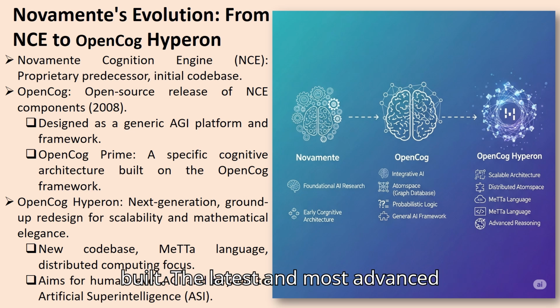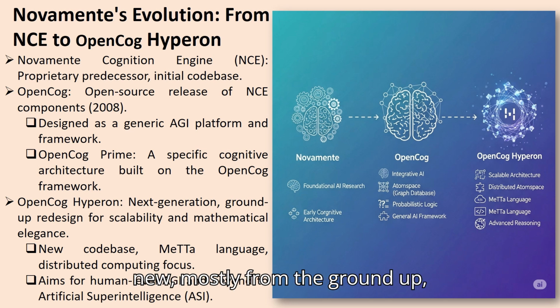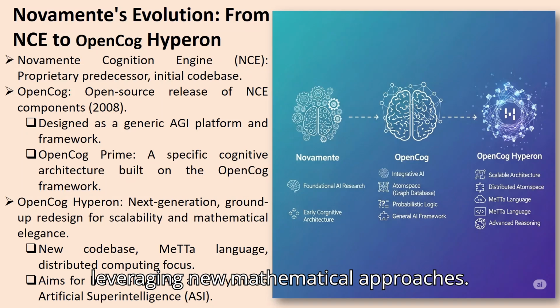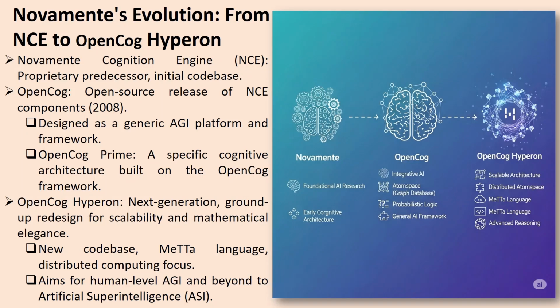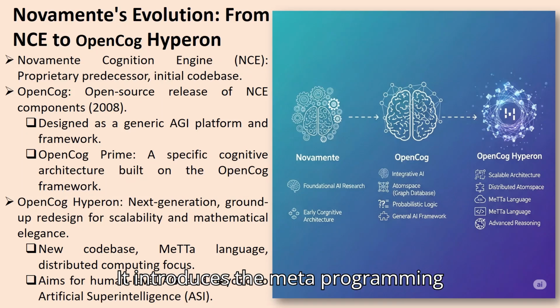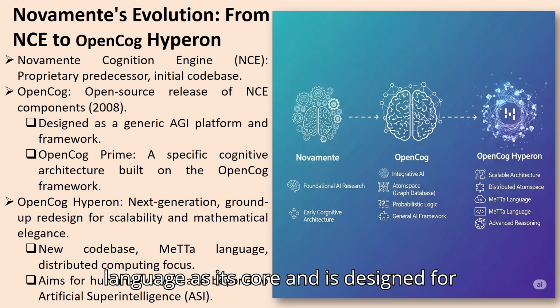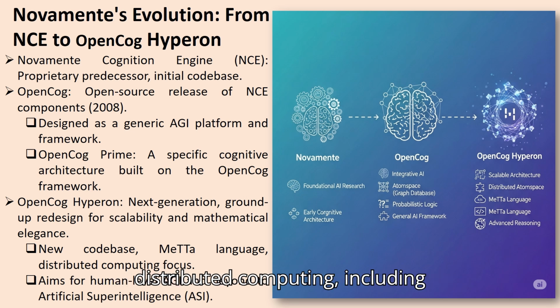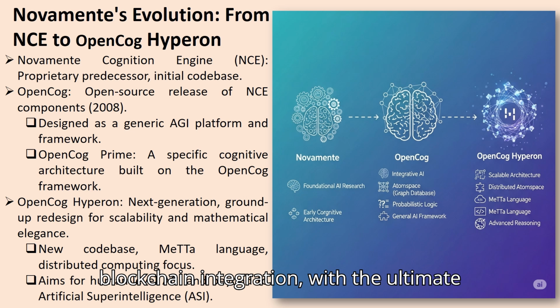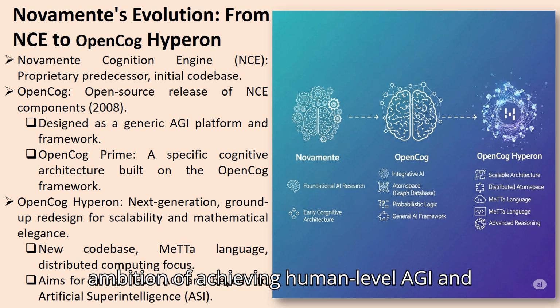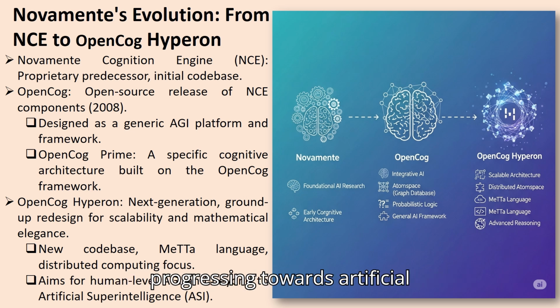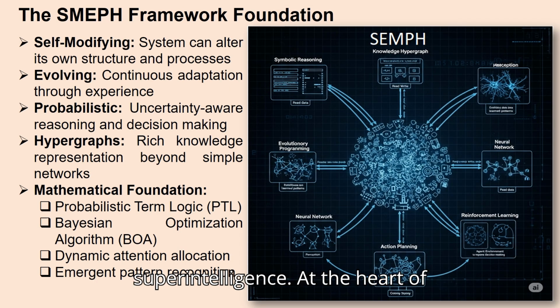The latest and most advanced iteration is OpenCog Hyperon, a new, mostly from-the-ground-up redesign. Hyperon boasts an almost entirely new codebase, focusing on radical scalability and leveraging new mathematical approaches. It introduces the MeTTa programming language as its core and is designed for distributed computing, including blockchain integration, with the ultimate ambition of achieving human-level AGI and progressing towards artificial superintelligence.